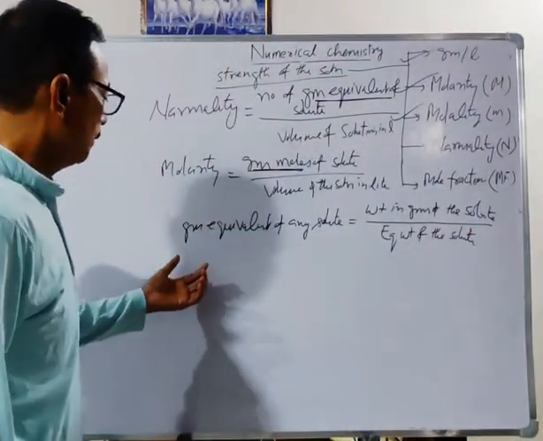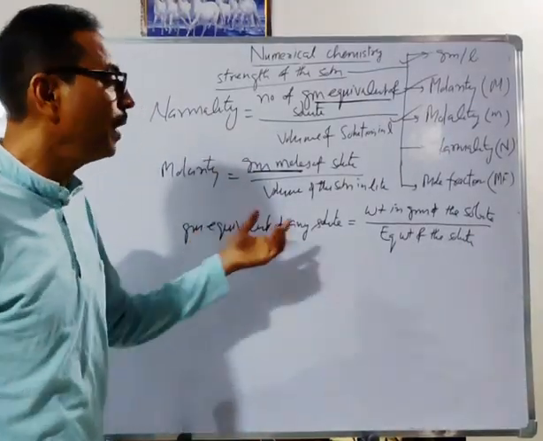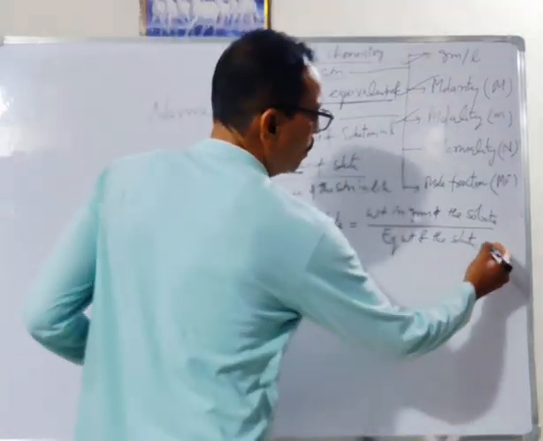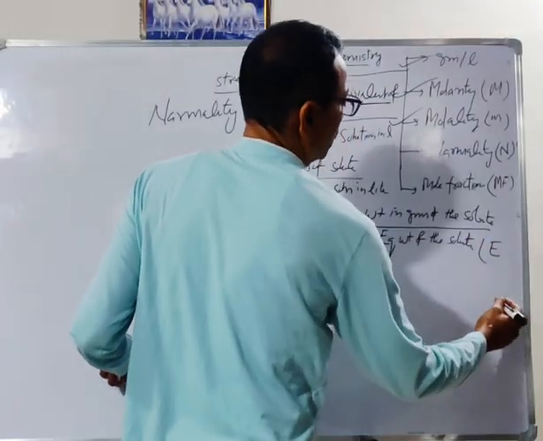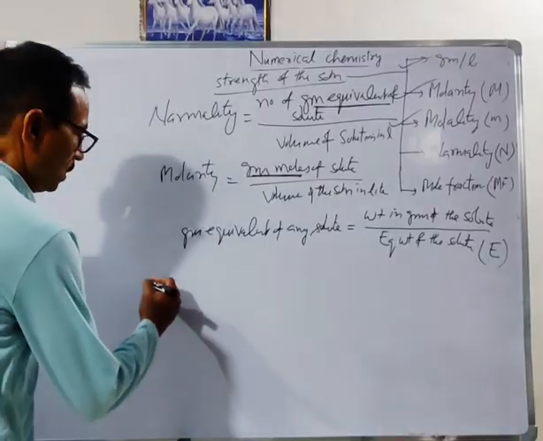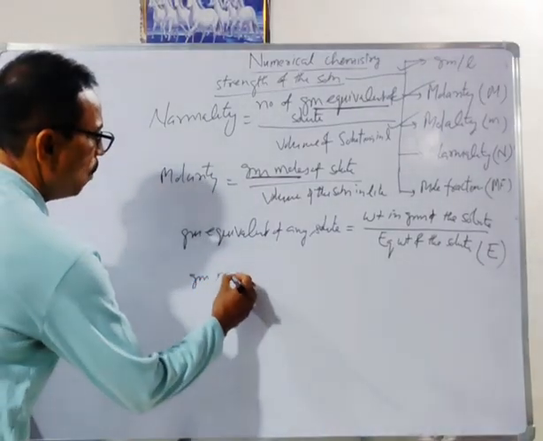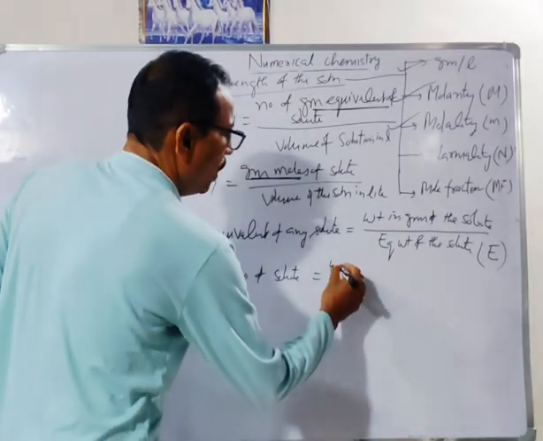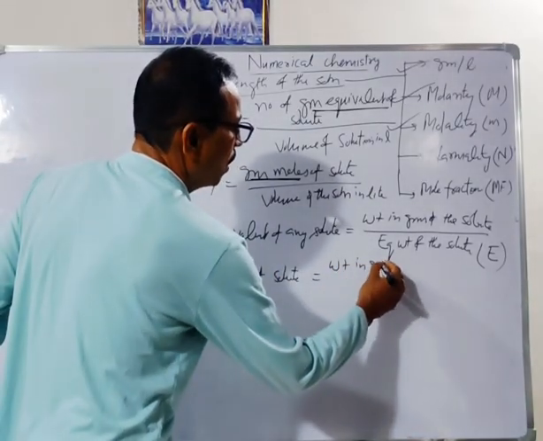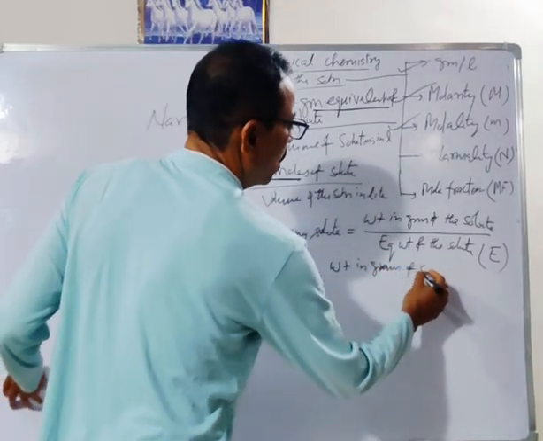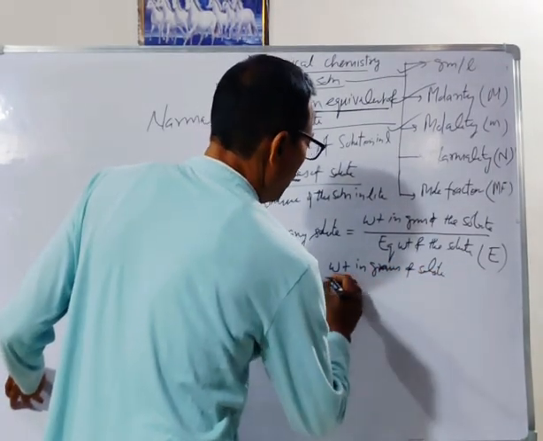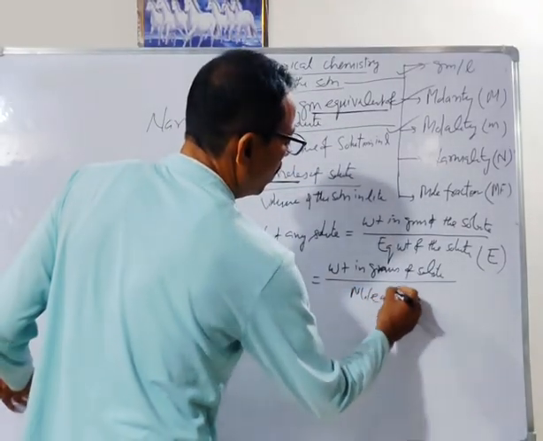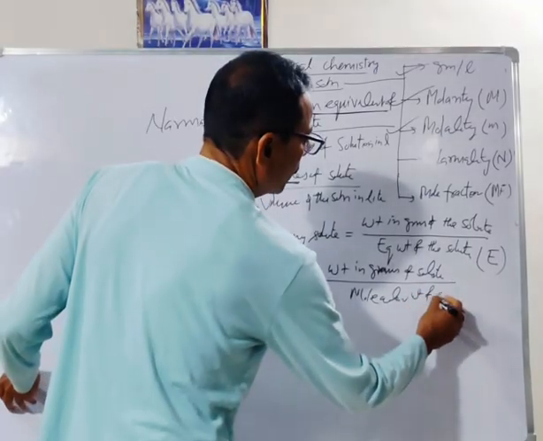In short notation, we denote it as E. Just like gram moles of solute is defined as weight in grams of solute divided by molecular weight of solute.